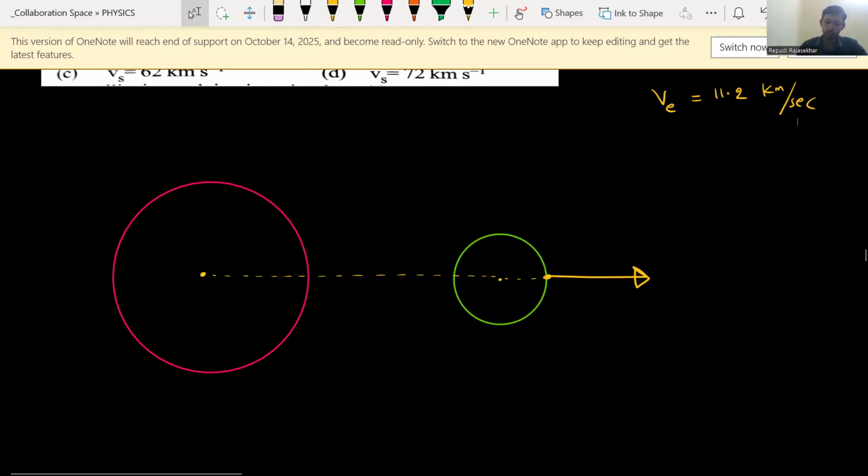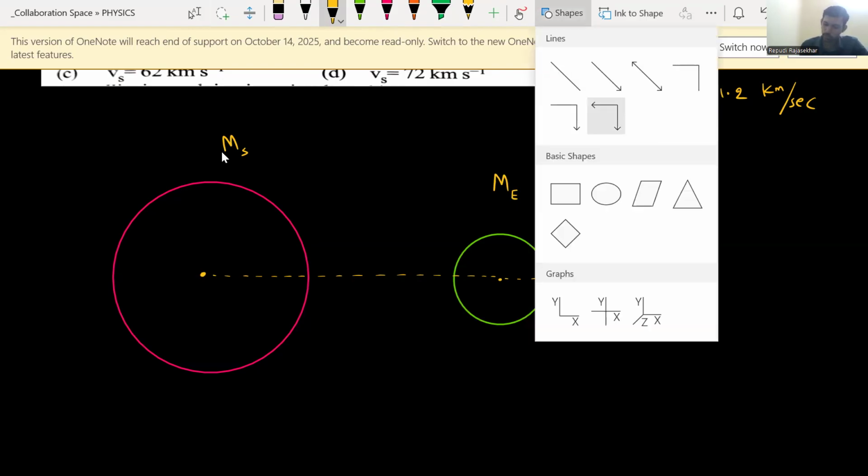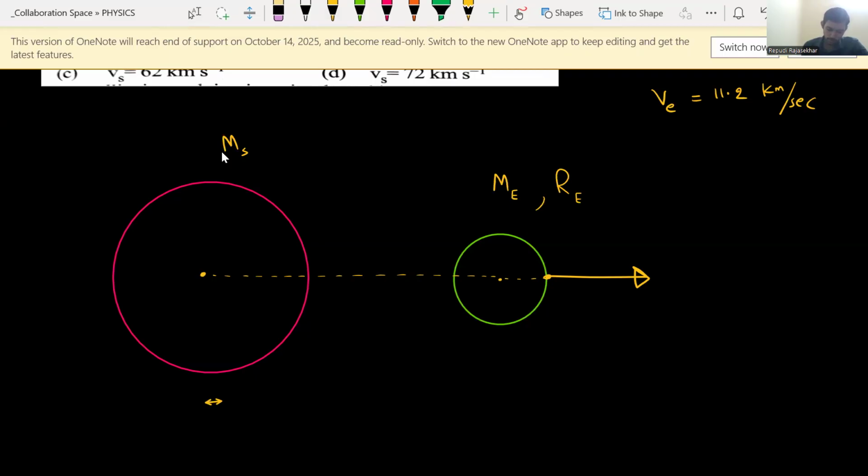Here I am taking the mass of the earth as m_e, and the radius of the earth as r_e. The mass of the sun is m_s, and here is the distance between the sun and the planet, whatever planet we are launching.